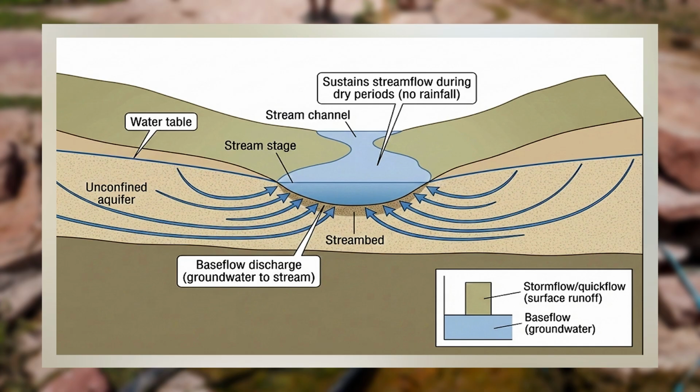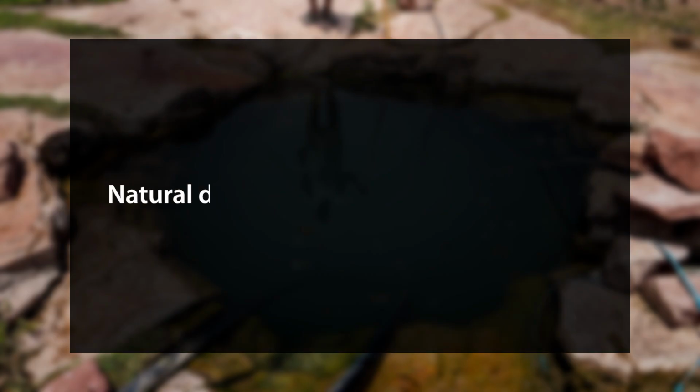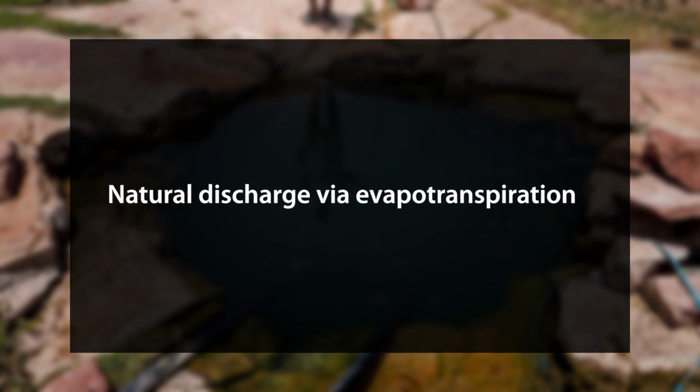Base flow is the specific portion of the stream flow that originates from groundwater discharge. This is the component of the hydrological cycle which prevents the surface water bodies from drying in the absence of precipitation.